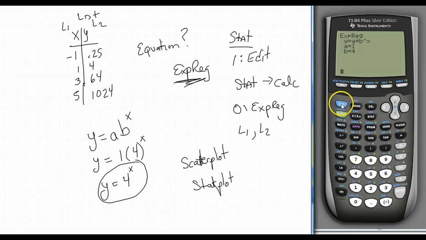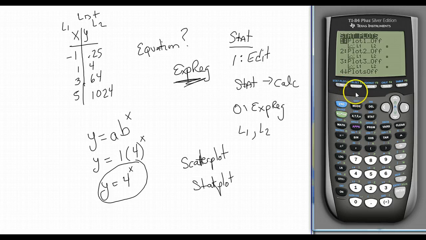So I press second y equals. Hit enter to go into the first one, and I'm going to turn it on. Hit on. The very first one here, that's a scatter plot. Notice the list it's using is L1 and L2. So this is all good so far.